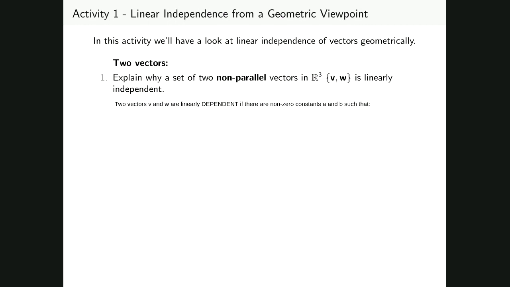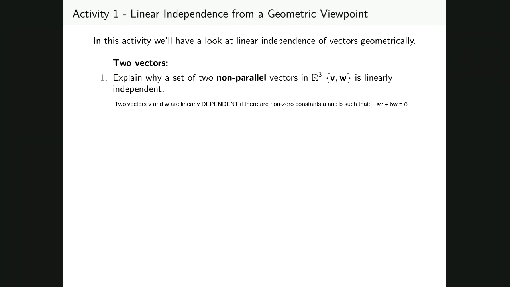So what we're going to have is two non-zero constants such that these add up to the zero vector, right? So we can get a linear combination of non-zero constants that adds up to the zero vector.